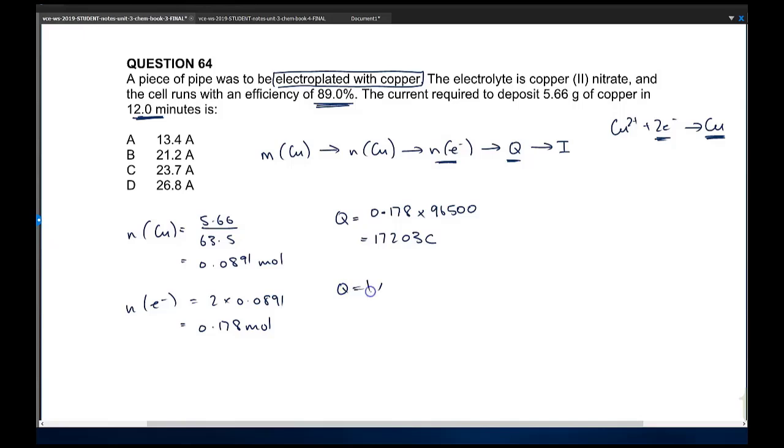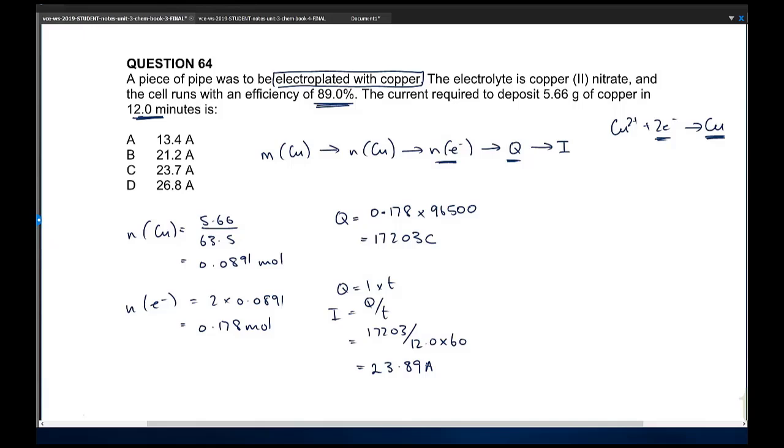Then Q equals I times T. So I equals Q divided by T. 17203 divided by the time. The time has to be in seconds. That gives me 23.89 amps. Okay, and then we have to take into account the 89% efficiency.